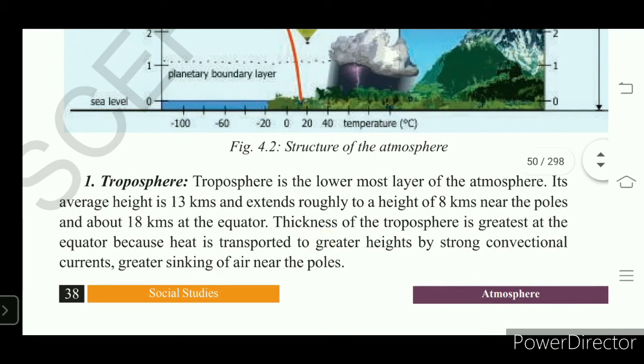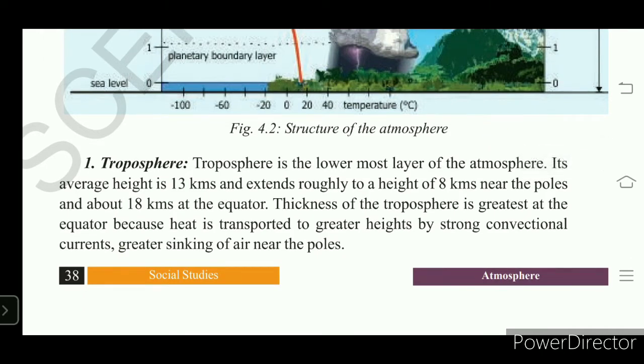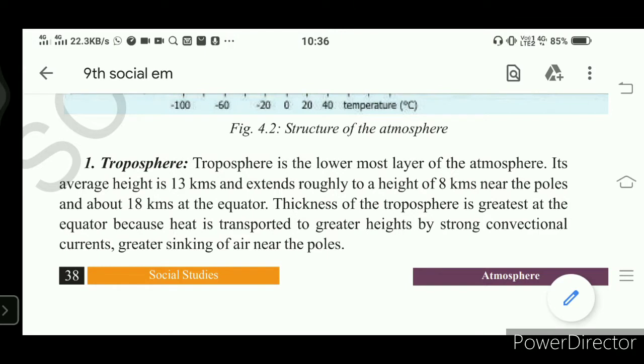It is 13 kilometers average height and extends roughly 8 kilometers near poles and 18 kilometers at equator. It means on average the height of the troposphere is 13 kilometers.